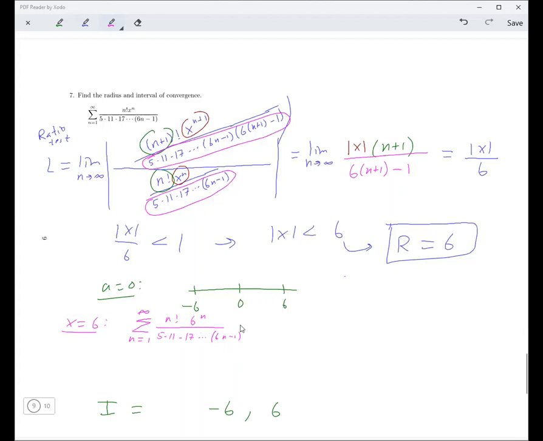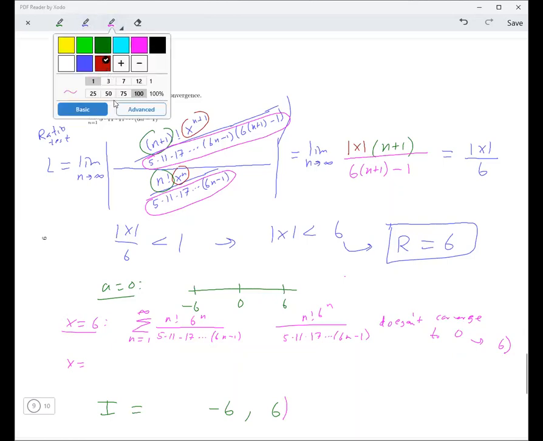So this doesn't converge to 0. And so that means that the upper endpoint isn't going to work.